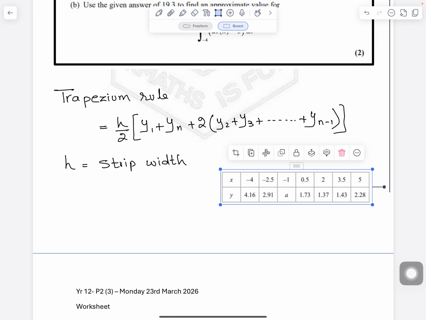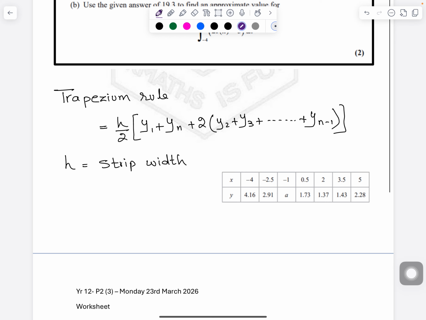Okay, now see, this is the trapezium rule, right? It is given to you. You have to substitute the values in it. Now you need to understand the application. Like I said, h is the width, strip width, which we have just found out by subtracting the consecutive terms of x, and it is 1.5. So now what is your y1, yn?